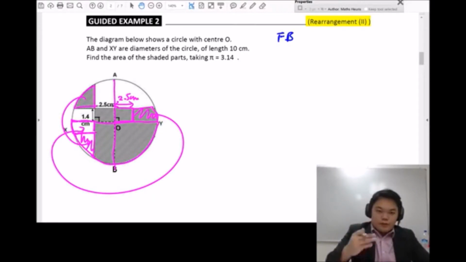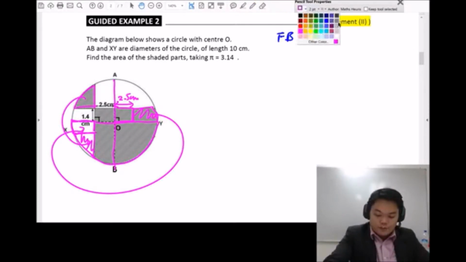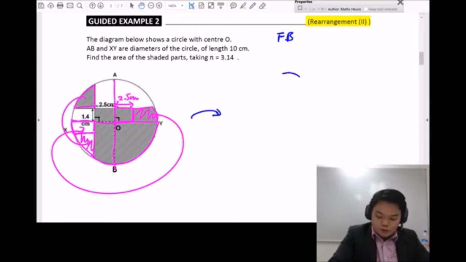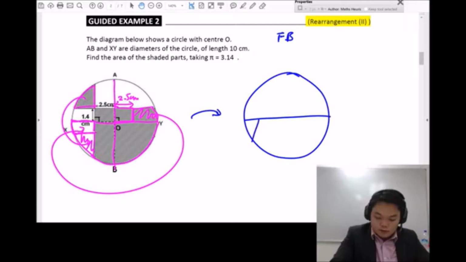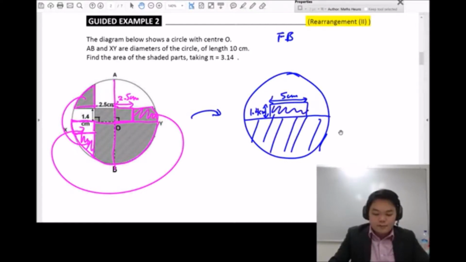Doing this gives me a semicircle at the lower part of the shape. So when that happens, this is what I will have. This region is shaded, and then I have a rectangle whose total length now is 5 cm and the breadth is 1.4 cm, which is also shaded.